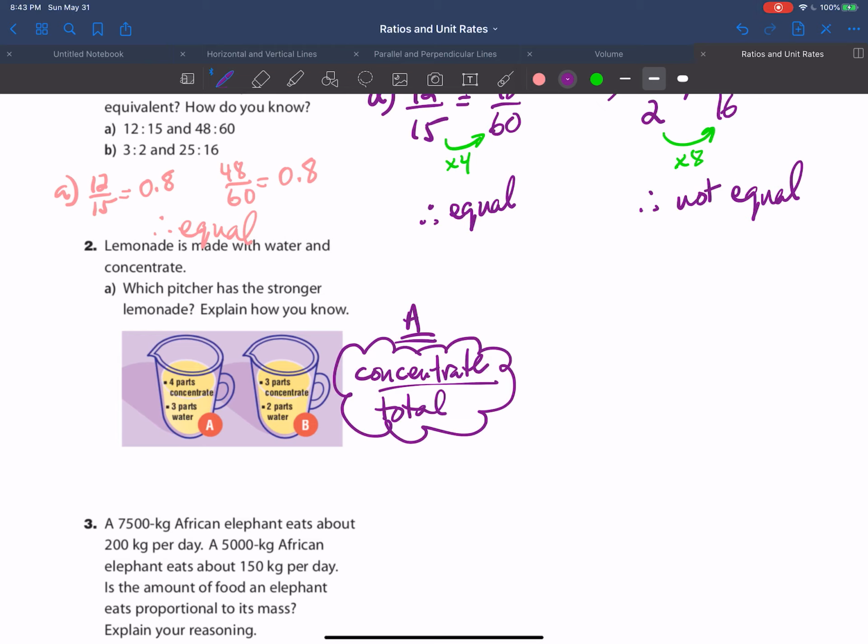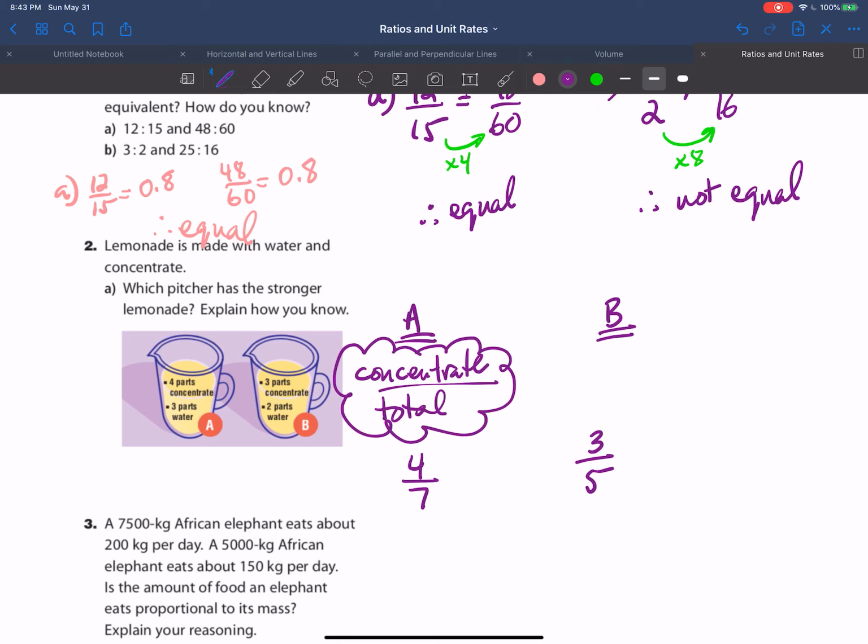So 4 parts concentrate and 7 parts total, because there's 4 concentrate and 3 water. Together that makes 7. For B, we have 3 parts concentrate and 5 parts total.